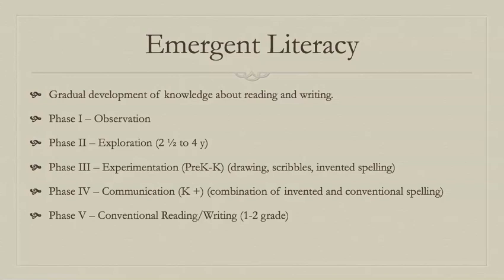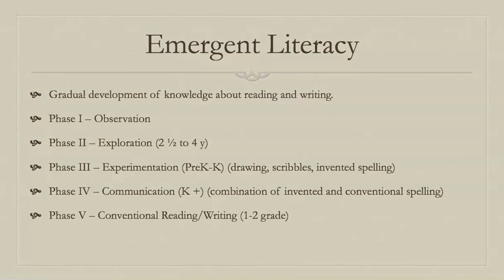Phase 4 is the communication, and it happens in kindergarten and upwards, where there's a combination of invented spelling and conventional spelling. So you can see the children start writing phrases or sentences, and some words are going to be misspelled from a conventional perspective, and some words are going to be correctly spelled from that same conventional perspective.